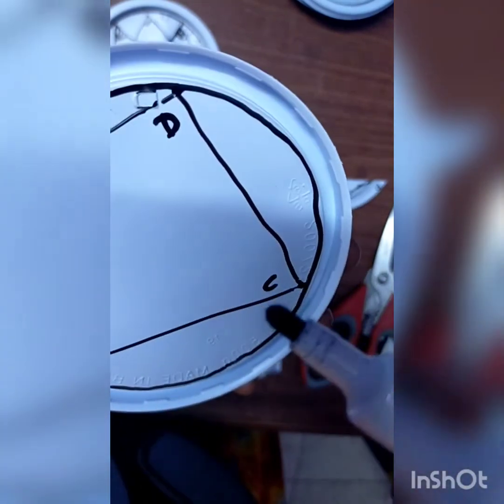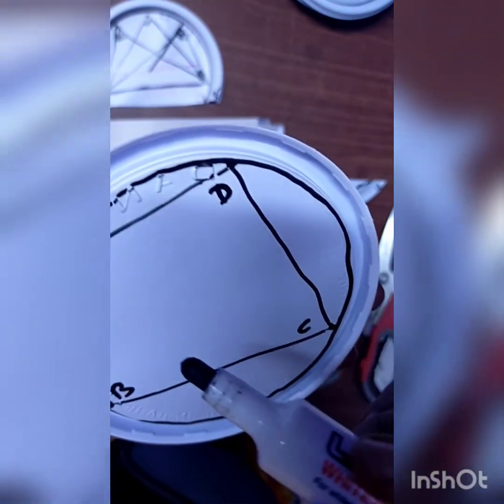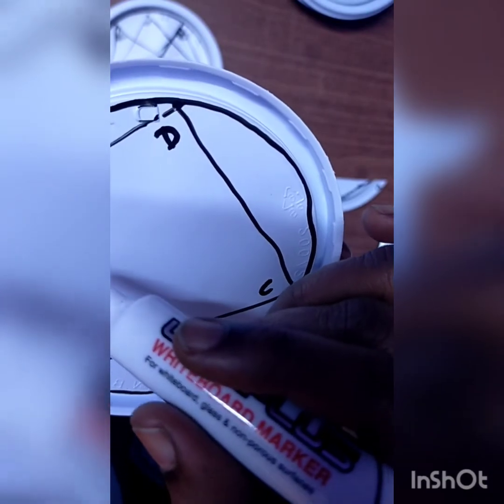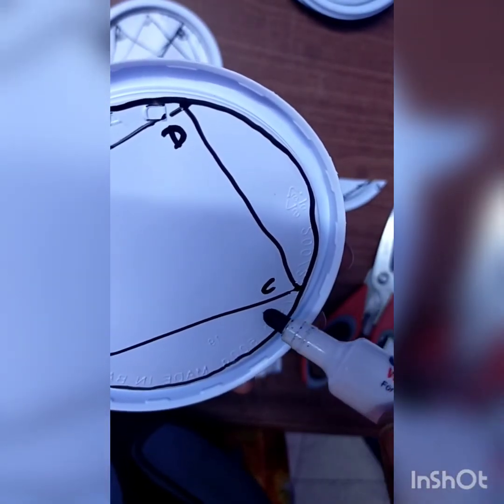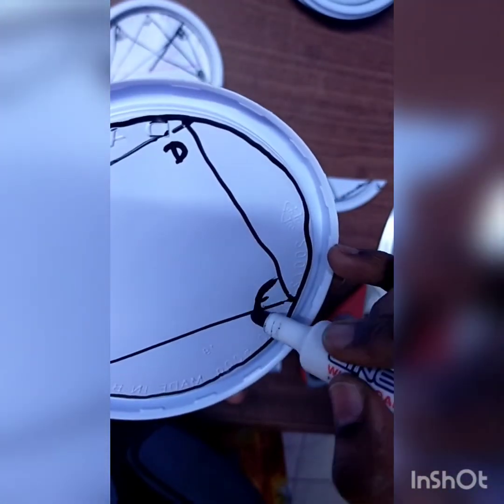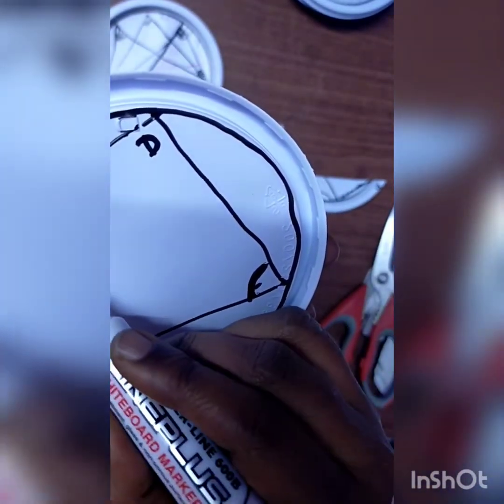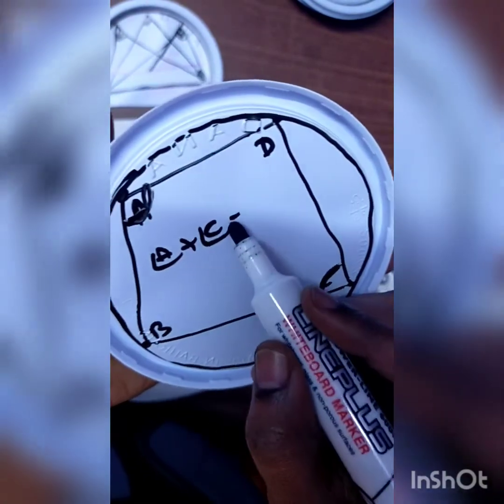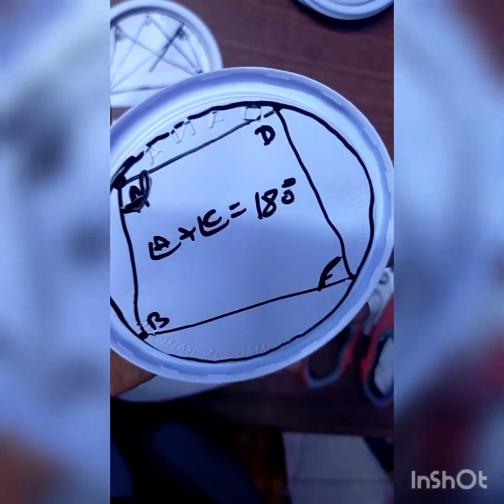So what is the rule here? Opposite angle sum is 180 degree. Angle A plus angle C is 180 degree.